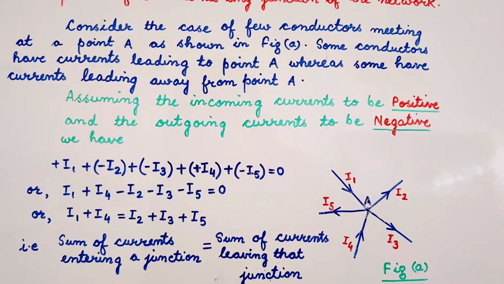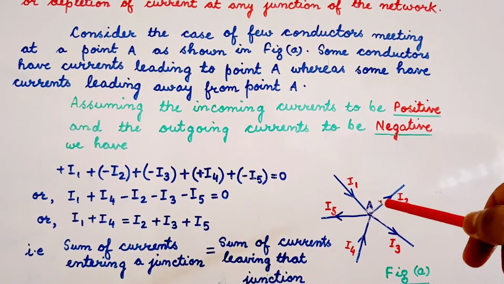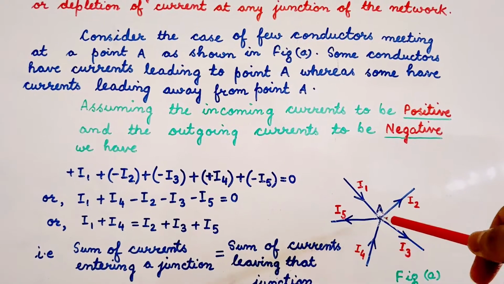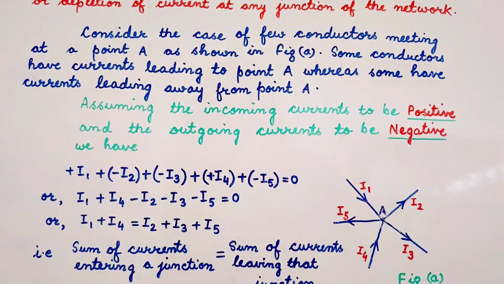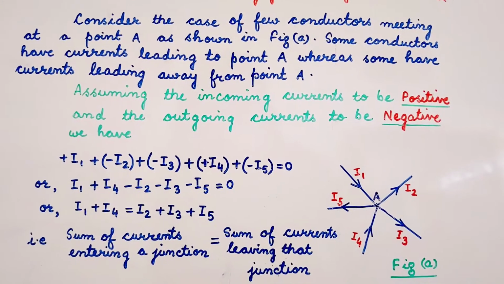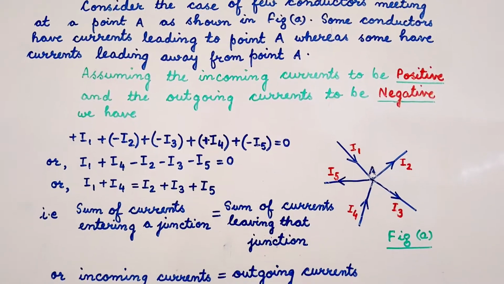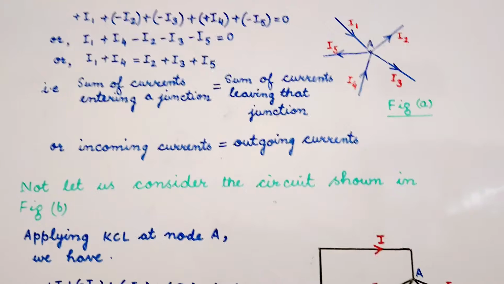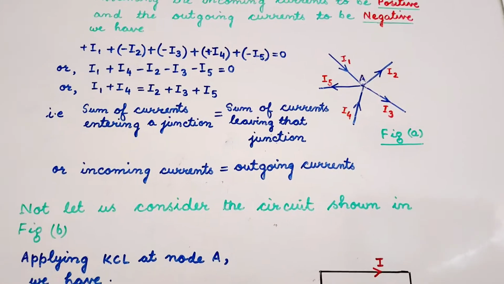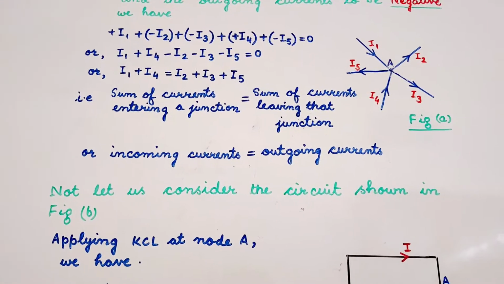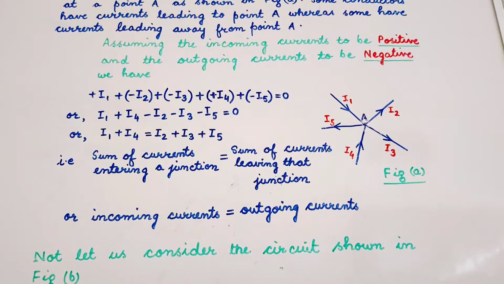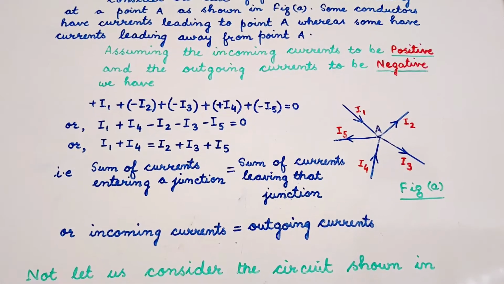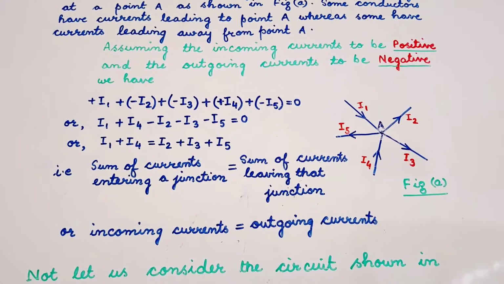That is, the sum of the currents which are entering the junction is equal to the sum of the currents which are leaving the junction, or incoming currents are equal to outgoing currents. So we find that the sum of the currents entering the node is equal to the sum of the currents leaving the node.